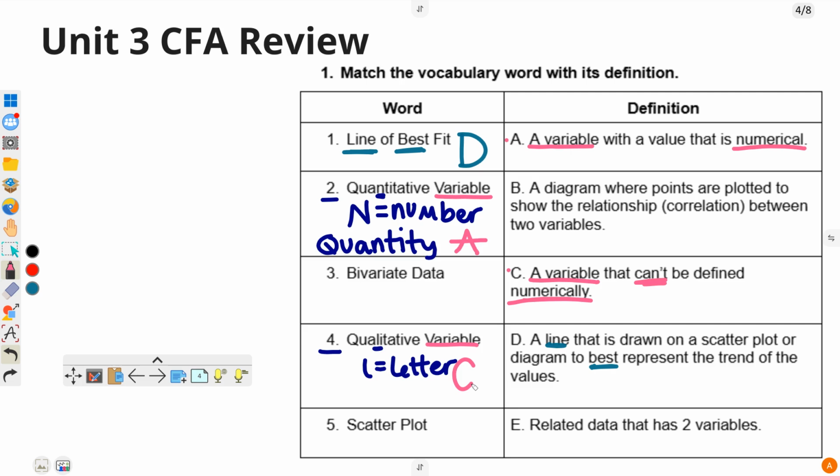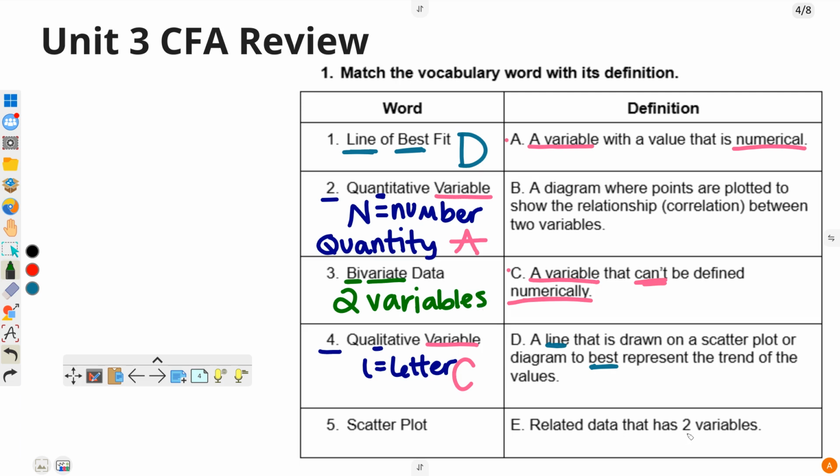All right, the next two, bivariate data. Y'all have heard me say this 100 million times. Bi is our 2. Think about a bicycle has 2 wheels. Bi means 2, so bivariate would be 2 variables. Well, what's our definition that says 2 variables?